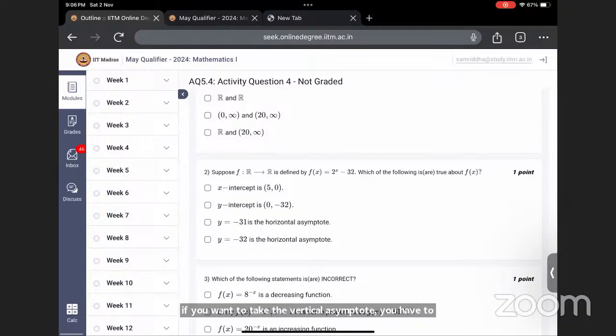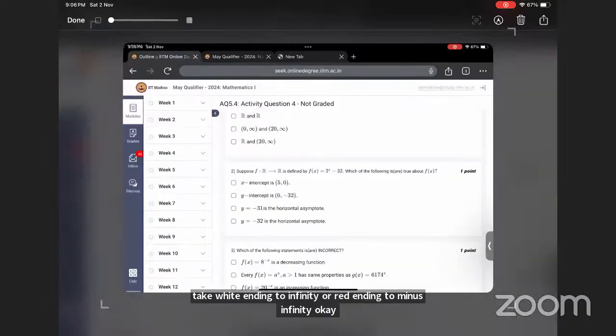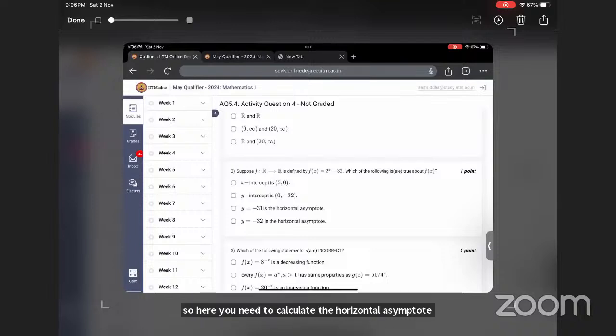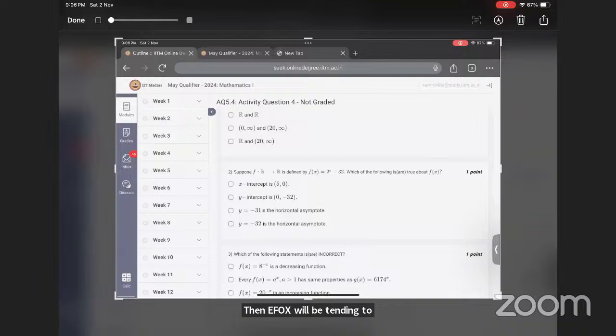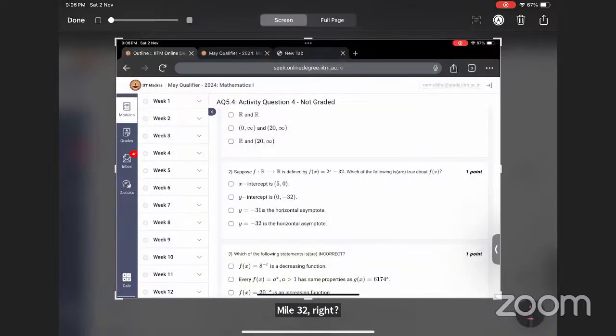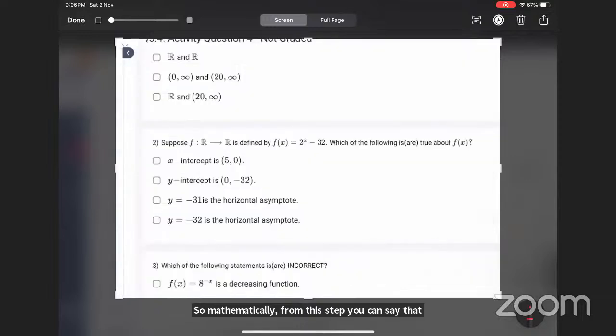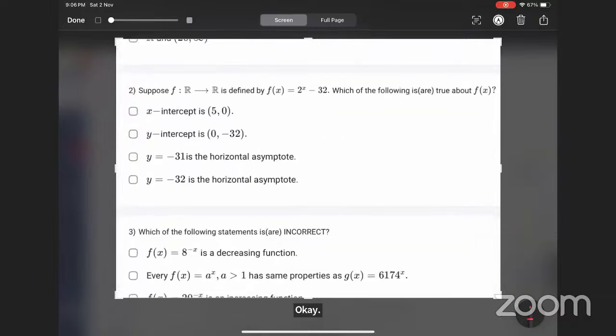Here you need to calculate the horizontal asymptote. So if x is tending to infinity, f(x) will be tending to infinity, right? And if x is tending to minus infinity, then f(x) will be tending to minus 32. So mathematically, from this step, you can say that the horizontal asymptote is y equals minus 32. Okay, yes, ma'am. Understood.